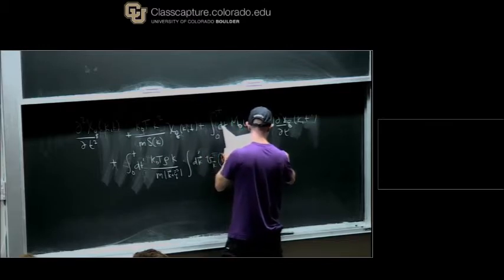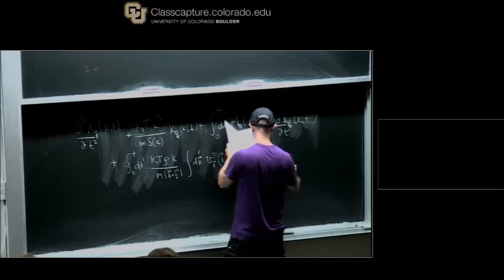These V vertices, I'm not going to write down what they are, but they also just depend on things like S of k in the field-free limit.